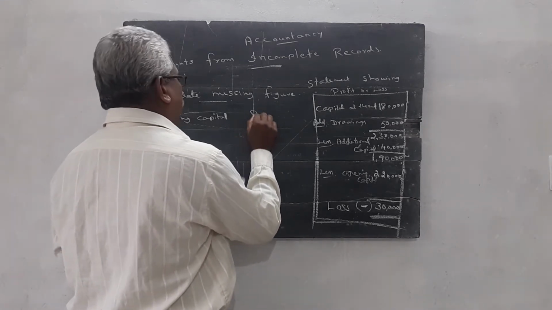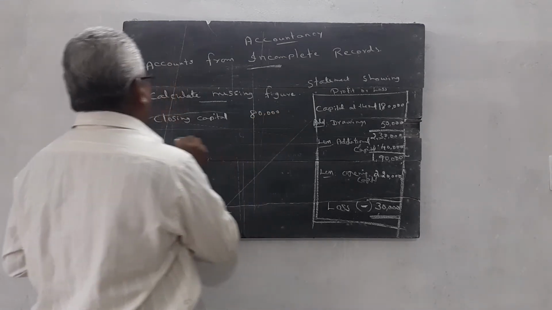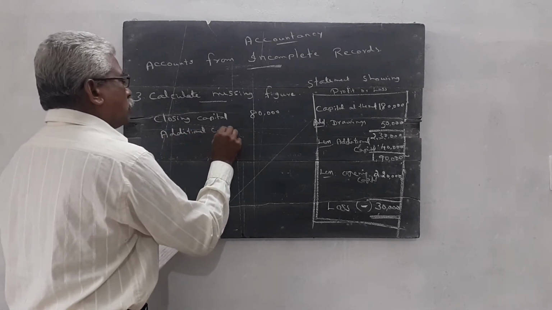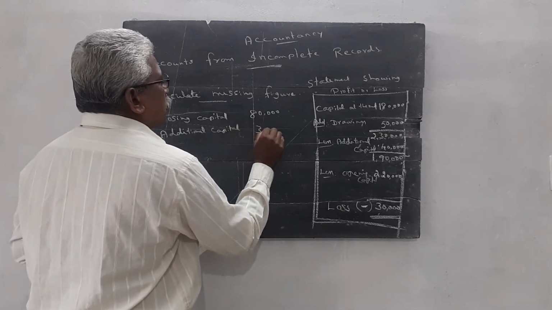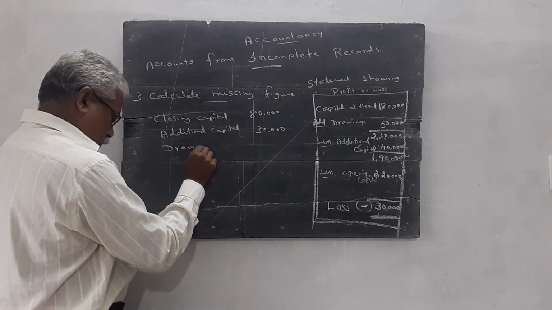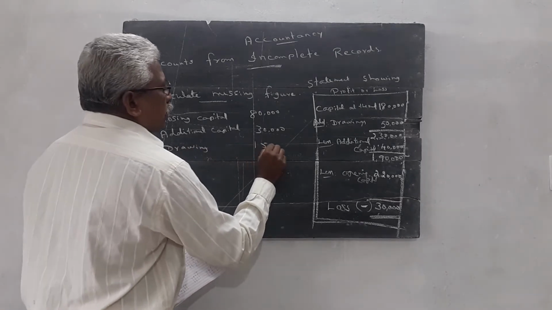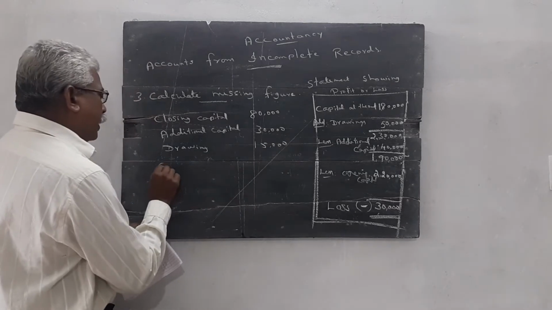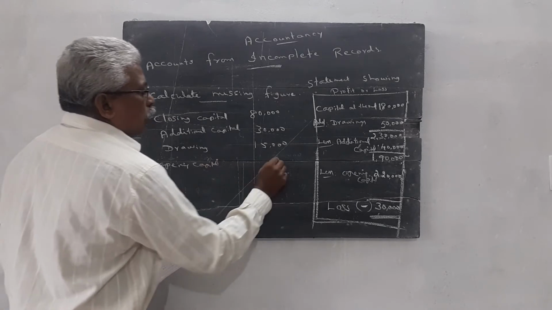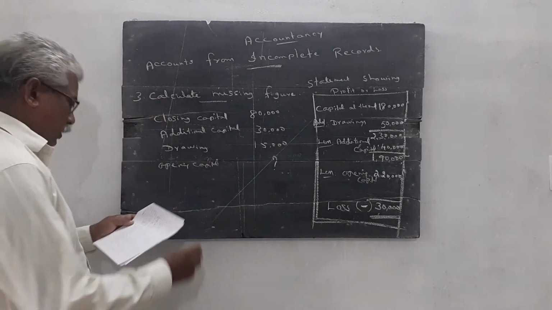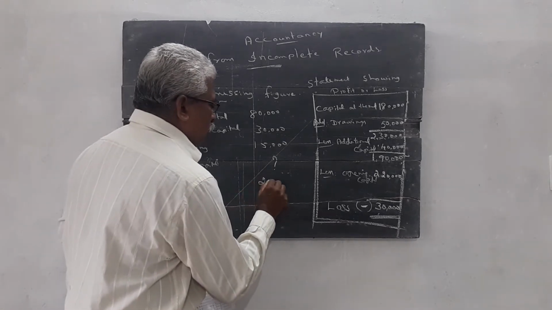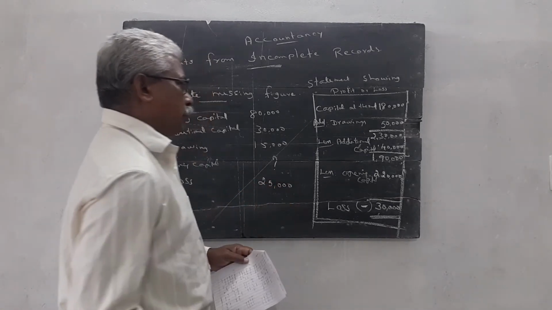Closing capital 80,000. Additional capital 30,000. Drawings 15,000. Opening capital, question mark. We have to find out the opening capital. Loss 25,000. This is the question.